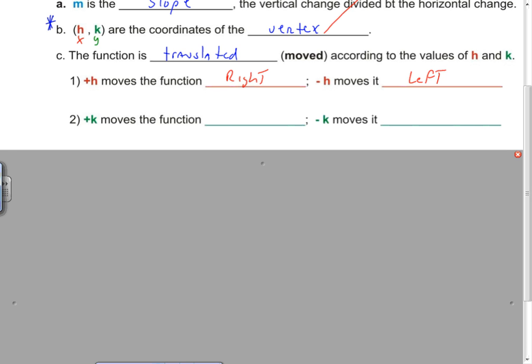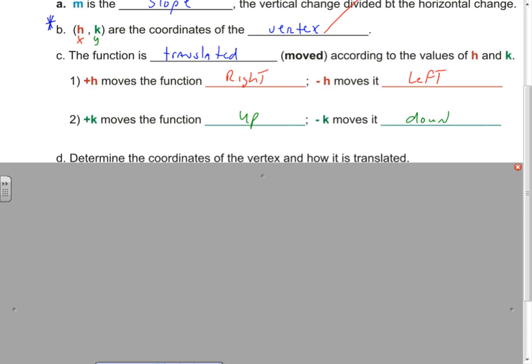And because k is the vertical one, positive k moves the function up, and negative k moves it down. All right. So now we know how to move this V shape up, down, left, right.